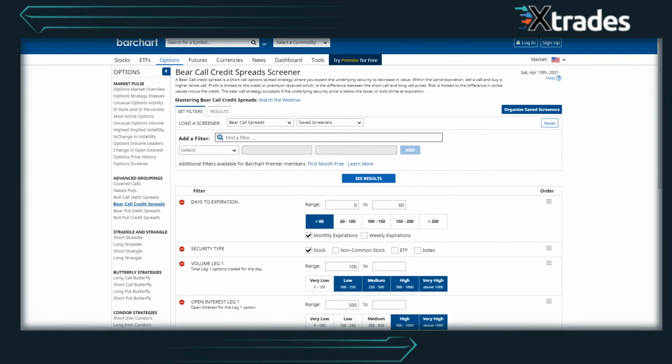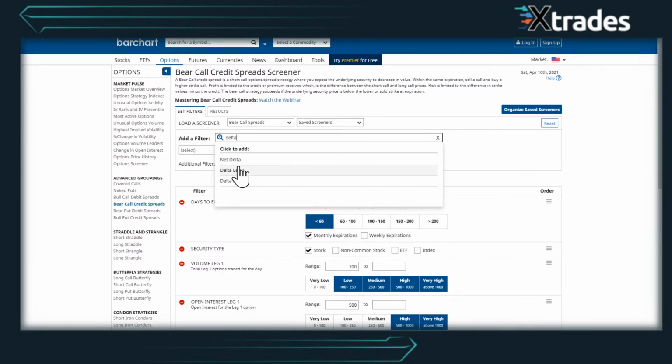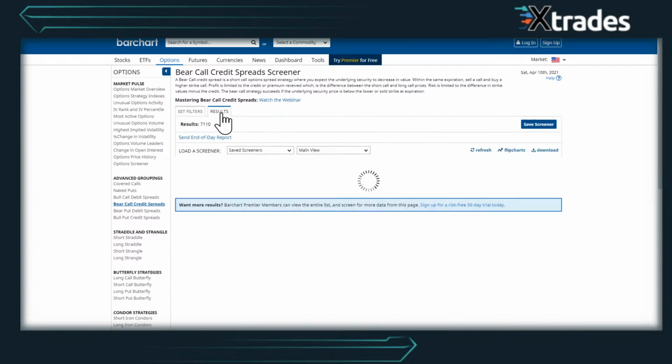You can also, again, do delta, right? So you want delta to be somewhere between 20 to 45 is what I recommend looking at first. Once you are more familiar with doing credit spreads and you feel confident about it, maybe you can just base it off of the chart or something, and I think that's fine as well.